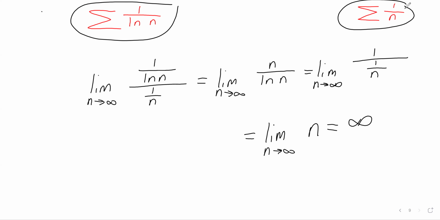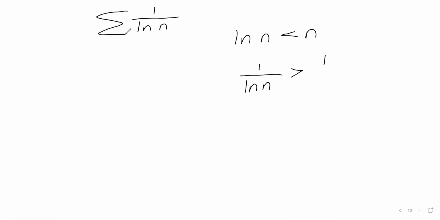And they say it doesn't happen that often, but occasionally you do get a series that's crying out for the regular comparison test. Because the natural log is so slow growing, the natural log of n is less than n, meaning 1 over the natural log of n is greater than 1 over n.